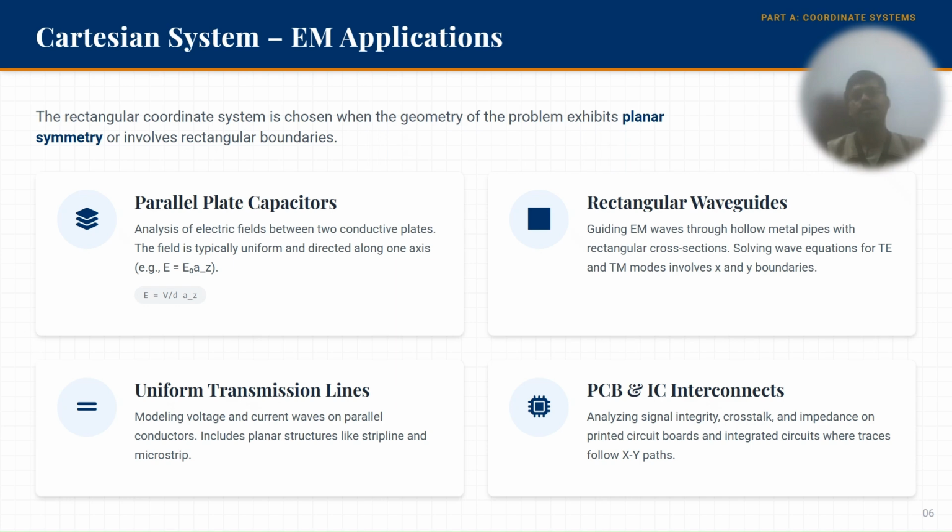PCB means the printed circuit board used in various electronic devices. Whenever we go to very high frequencies, the electromagnetic fields become very crucial to understand through that printed circuit board or IC. For example, your mobile phone has, say, a 1.6 gigahertz processor, or your computer has a 3 gigahertz processor.